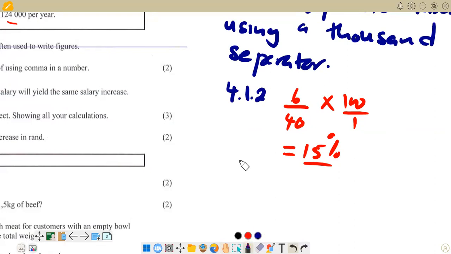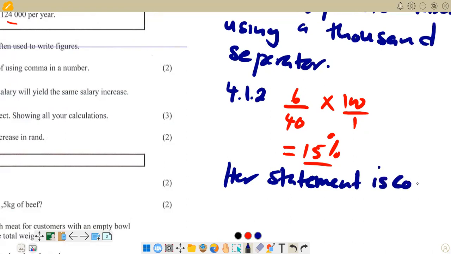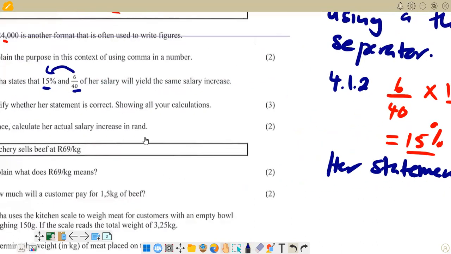So here you can now say, yes, the statement is correct. So you have explained that your findings are that the statement is correct. That's what we have there.